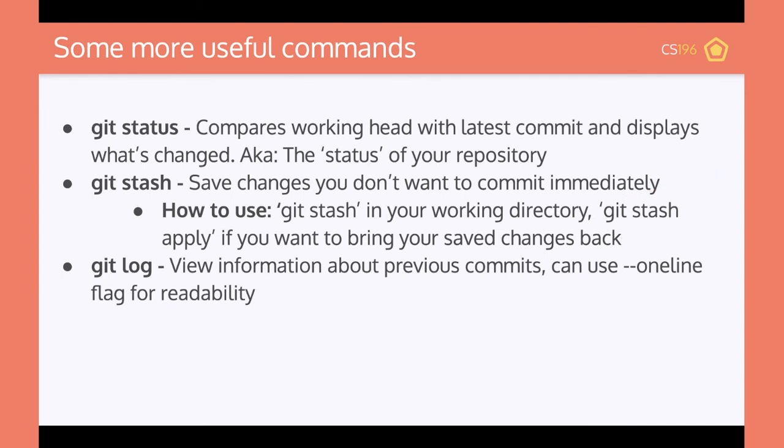Somebody asked, is it common to want to delete a branch? It depends. The usual answer is yes. After you're done with a feature, you want to delete it. For example, if I have a branch called login page, once I'm done with the login page, I probably want to delete it.